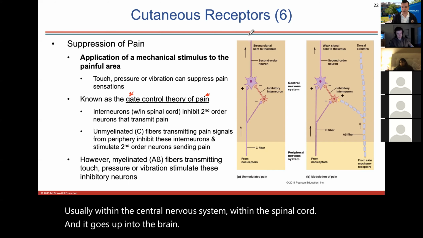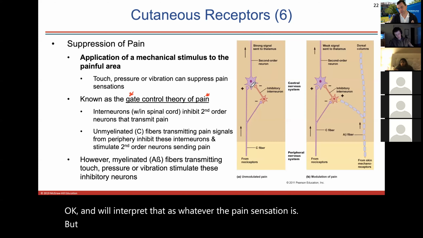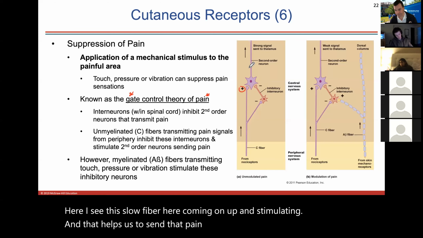And we'll interpret that as whatever the pain sensation is. Okay. But you can see here, here's an inhibitory neuron. Here I see this slow fiber here coming on up and stimulating. And that helps us to send that pain stimulus up to the brain.